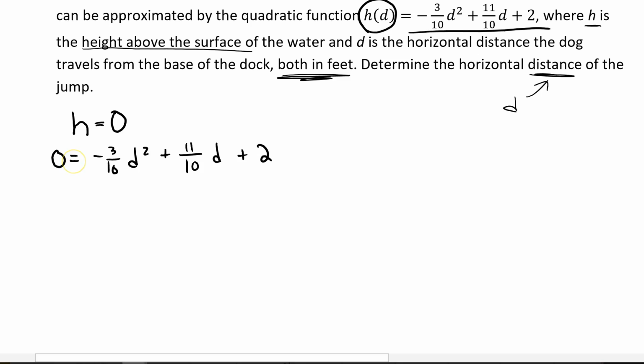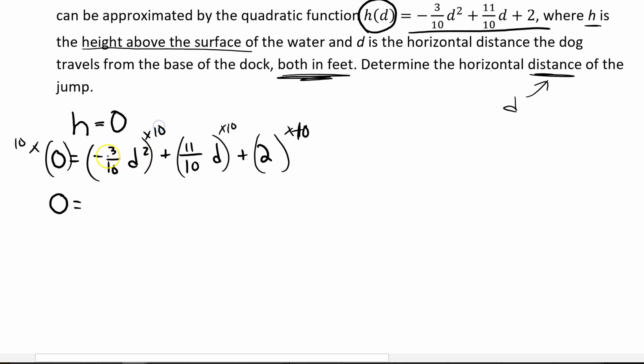But we'll deal with the negative a little bit later. But if you want at this point to multiply by negative 10, you go for it. So if I multiply each term and each side by 10, 10 times 0 is still just 0. 10 times negative 3 over 10 is just negative 3d squared plus 11d plus 20.